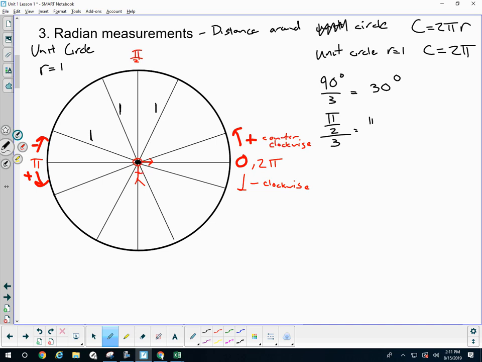Dividing by 3 is the same as multiplying by 1/3. Pi over 6. So pi over 6 is the same as 30 degrees. So if this is thirds, start at 0, add 30 degrees. That's going a distance of pi over 6 radians.